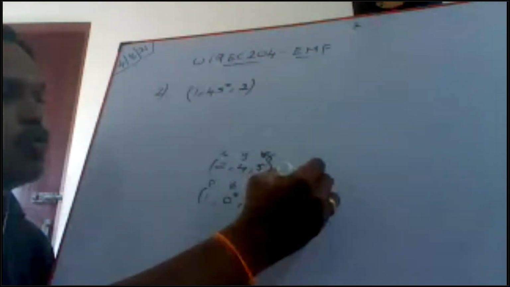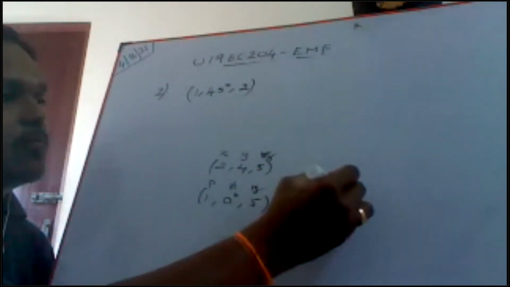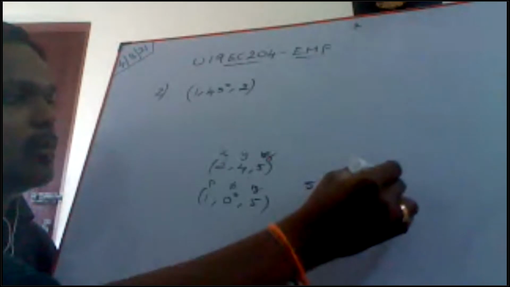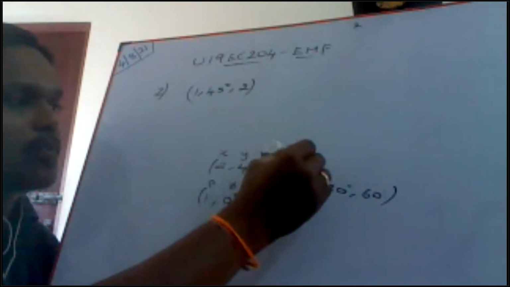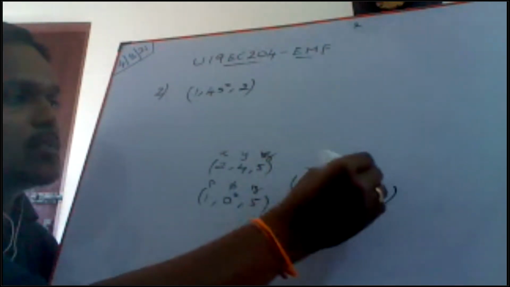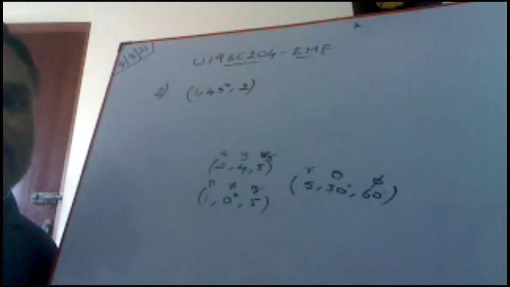If I have two angles and one numeral, like 5 comma 30 degree comma 60 degree, it is said to be a spherical system. So the first value is r, the second is theta, the third is phi. In this way we have to assume always.